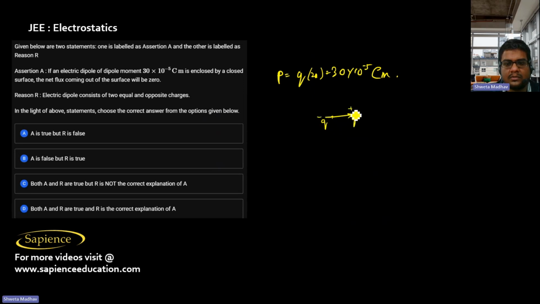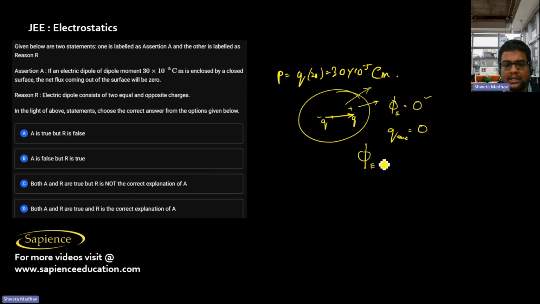With minus q and plus q inside a closed surface, the net flux coming out of the surface will be zero, since the net charge enclosed within the surface is zero. According to Gauss law, the net electric flux through any closed surface is equal to the charge enclosed within the surface divided by epsilon naught.